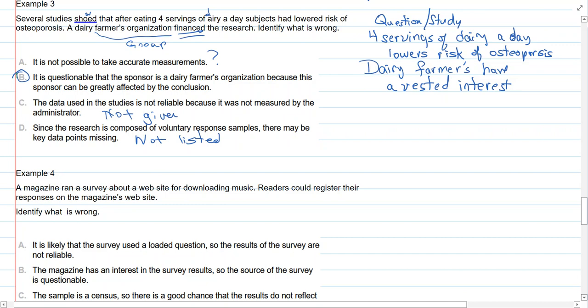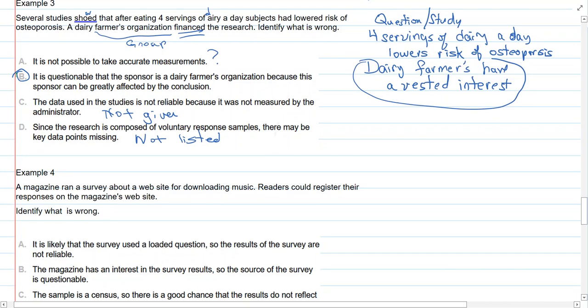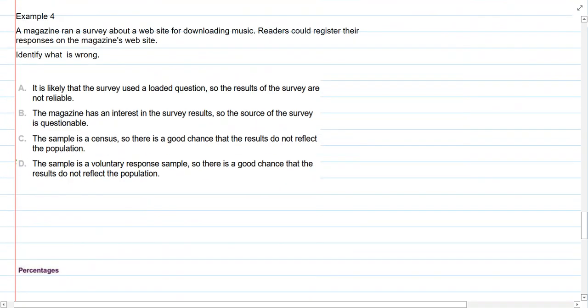So the only response that is important here is the interest of the dairy farmer in that study. If you put money in it, you're going to tend to want to affect the study. Here's another one. A magazine ran a survey about a website for downloading music. Readers could register their responses on the magazine's website. Okay, well, what's wrong with this one?